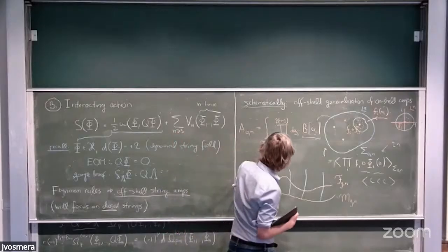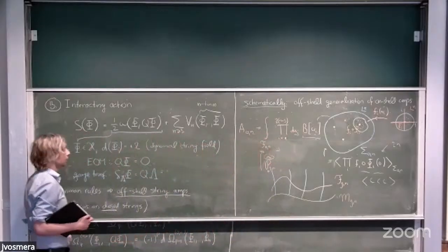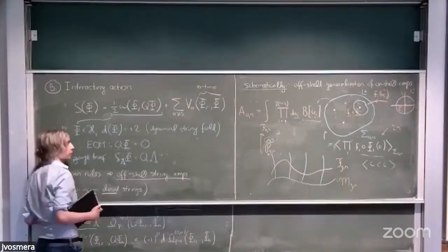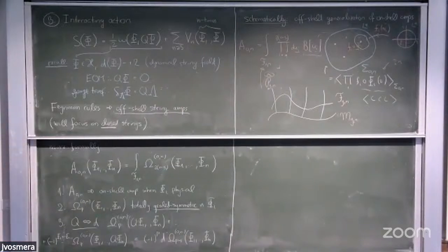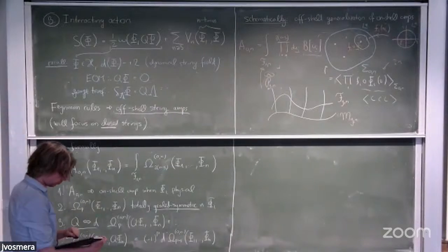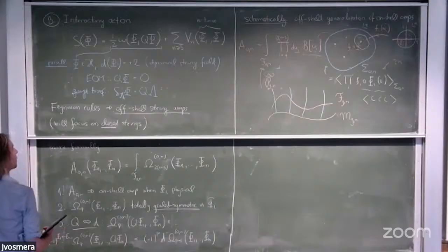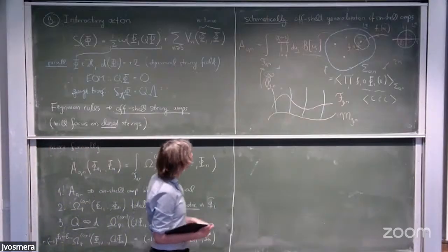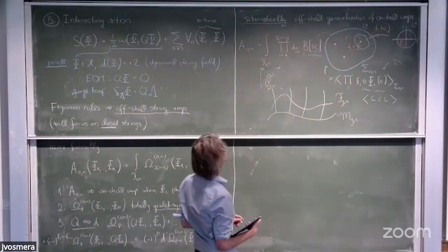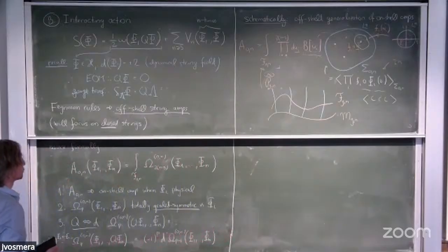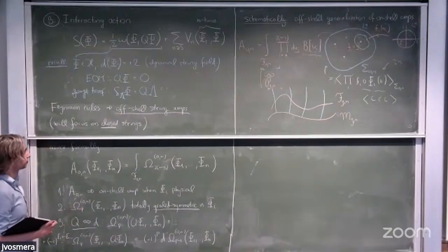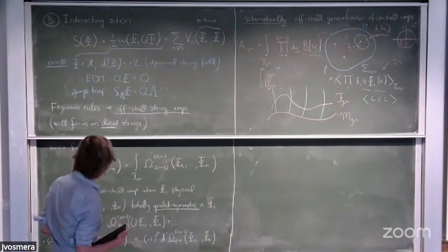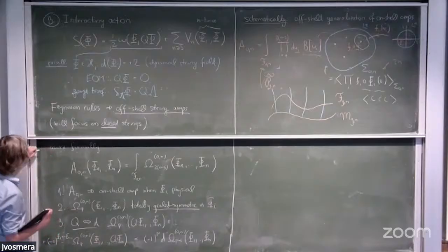Okay. So this is a very schematic picture of what an offshell amplitude is. Now let me give you a somewhat more formal definition. For instance, I didn't tell you what these B ghost contours, as functionals of these coordinates on the moduli space, should be. They have to be chosen in precisely such a way that the offshell amplitude satisfies some formal requirements, and these are as follows.